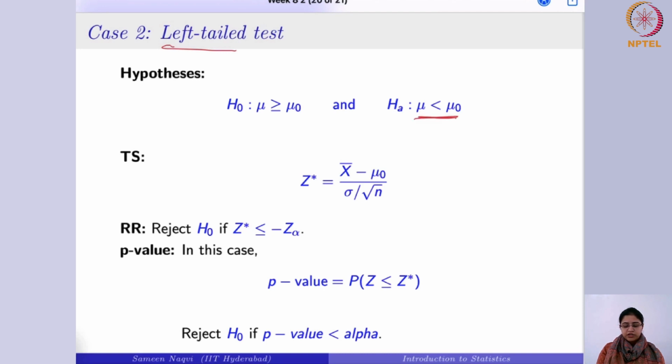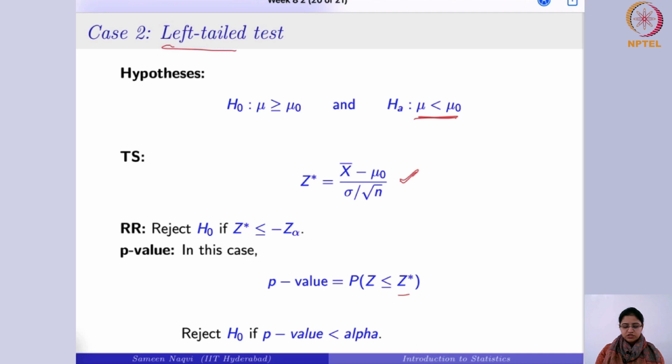Now one more thing you should note here, that this test statistic that you calculate over here is calculated under the null hypothesis, right? Because that is why you have mu naught, the equality sign is in the null hypothesis, and under the null hypothesis you have calculated the Z star value, and you want to reject it based upon that only.